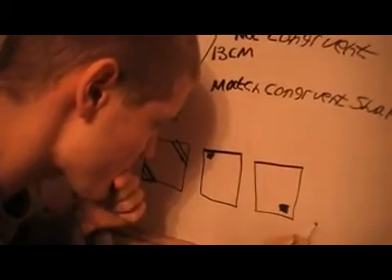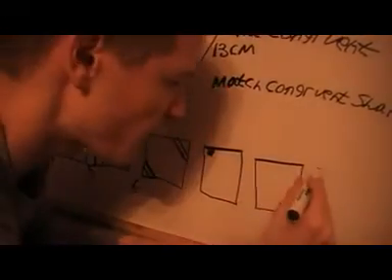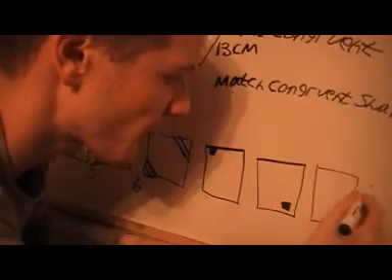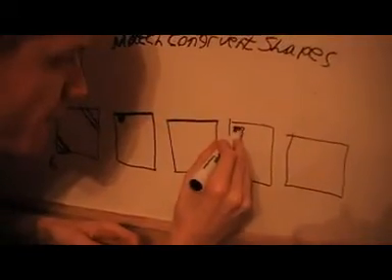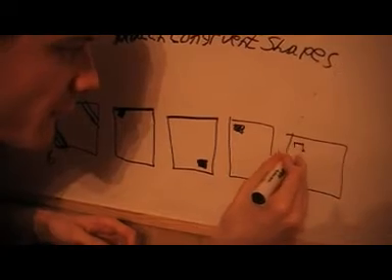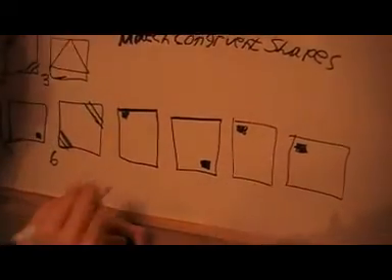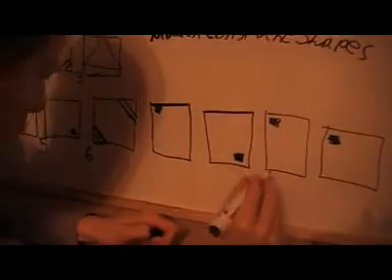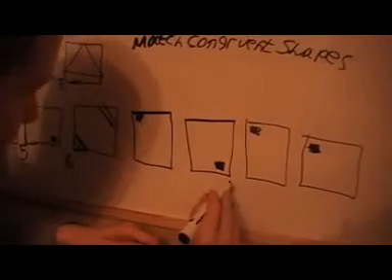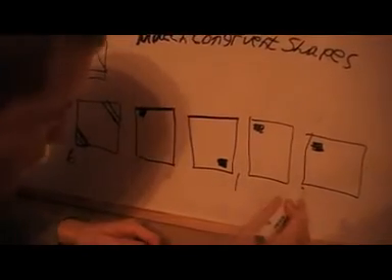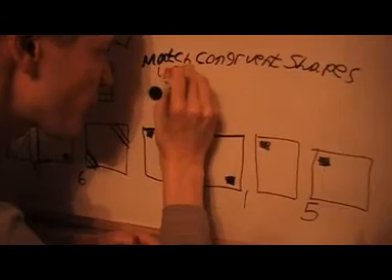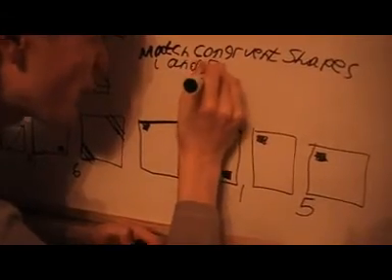But notice that if you rotate this around a bit, you get two shapes that look like this, and that is picture numbers 1 and 5. So 1 and 5 is a match, they're both congruent.